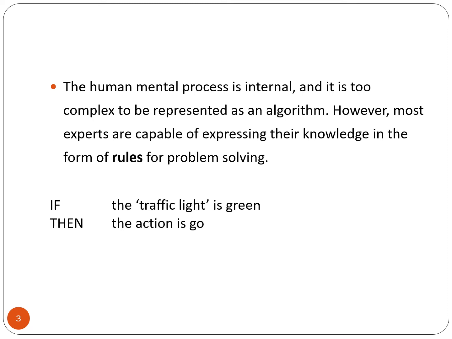This is what expert systems were in the beginning. For example, we have a rule where if the traffic light is green, then the action is go. If the traffic light is red, then the action is stop.